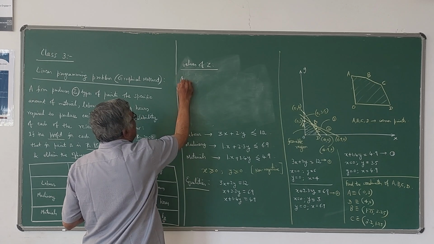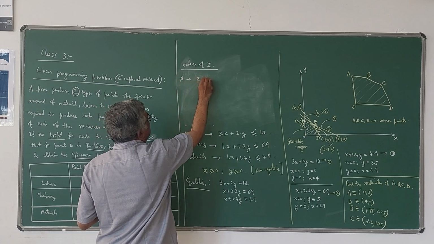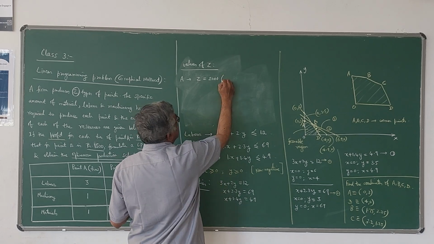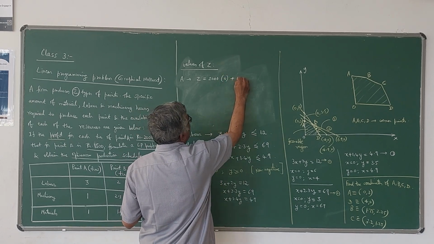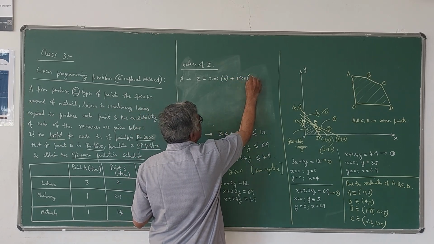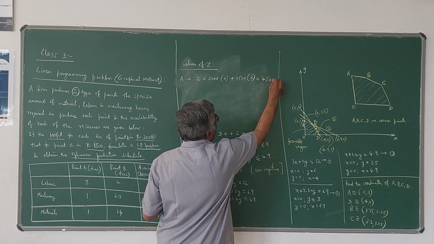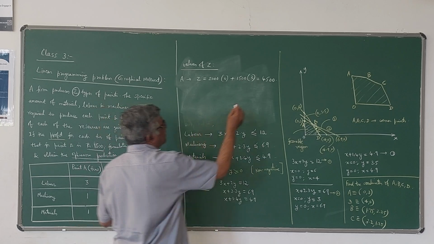So at point A, Z is equal to 2000 into X, which is 0, plus 1500 into Y, which is 3. So you are going to get 4500. Of course, it is in rupees.